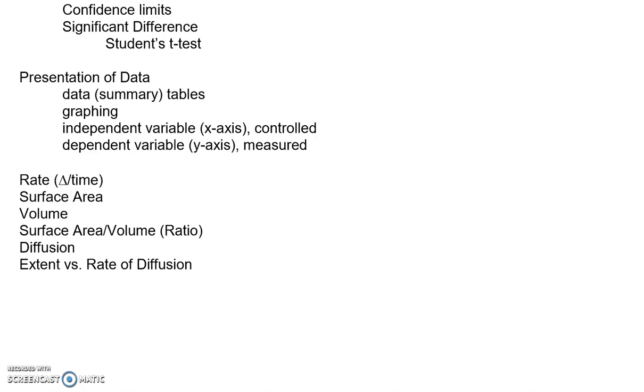So graphing is much preferred over just showing summary tables, because summary tables is just a lot of numbers and it's not really clear what these numbers mean immediately. When you're graphing it and you have a line graph, let's say you have a line graph like here, and you have a relationship. Here's your x-axis and your y-axis, and of course this is your independent variable on the x-axis, and the dependent variable is the y, so that's what changes.